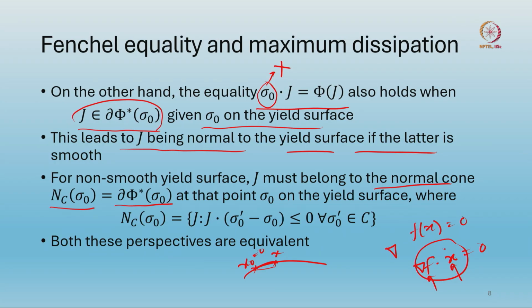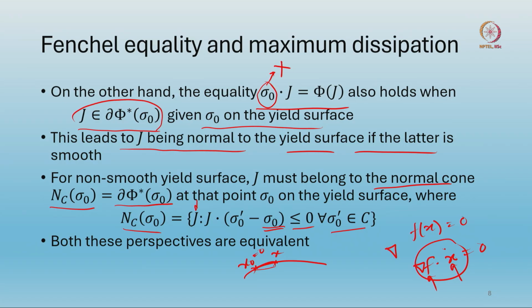So, by the definition of subdifferential, I can say that the normal cone consists of all the fluxes j for which, given the sigma 0, the inner product of j with sigma 0 dash minus sigma 0, for any other sigma 0 dash belonging to the admissible stress set C, must be less than or equal to 0, correct. That is the definition of the subdifferential at sigma 0 for phi star.